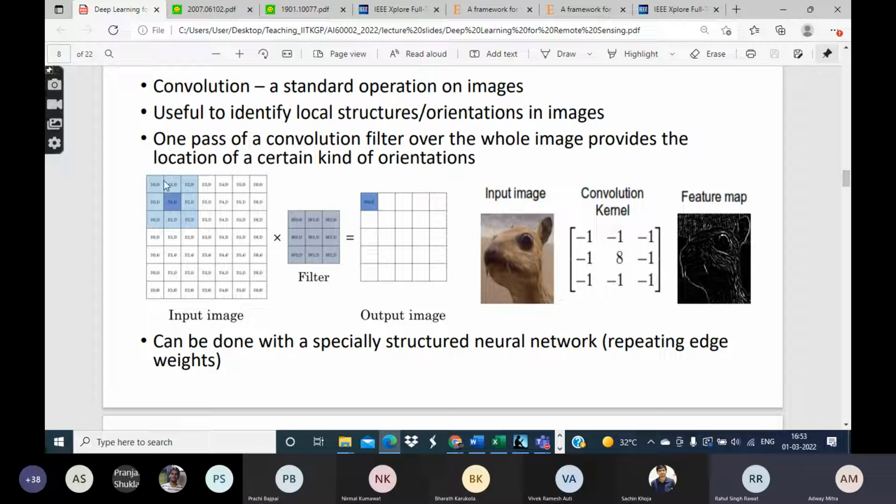So a larger filter will of course do a stronger dilation, replacing maybe 25 pixels by 1 pixel, or maybe 100 pixels by 1 pixel, and so on.